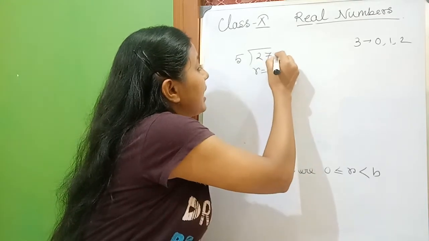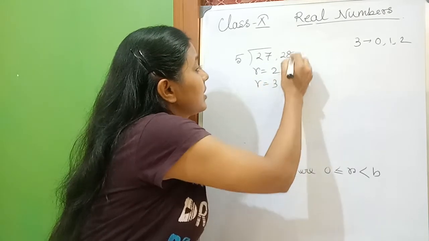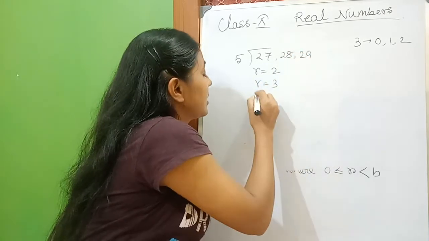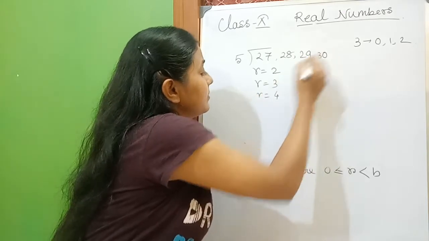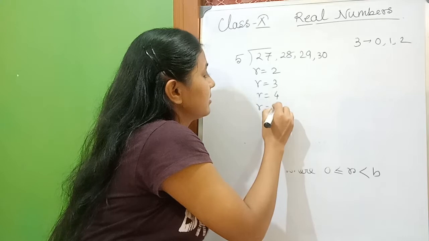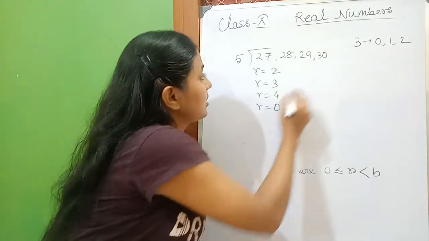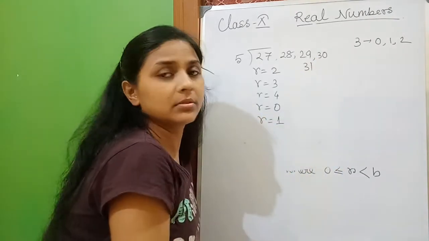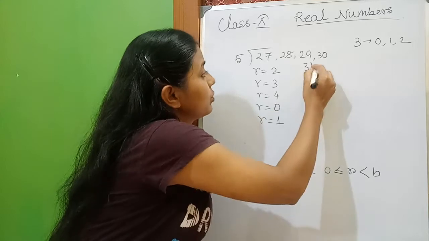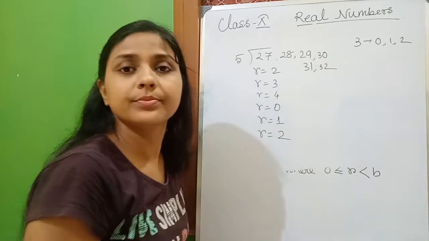You take 28, the remainder will be 3. 29, the remainder will be 4. 30, the remainder will be 0. 31, the remainder will be 1. 32, the remainder will be 2.